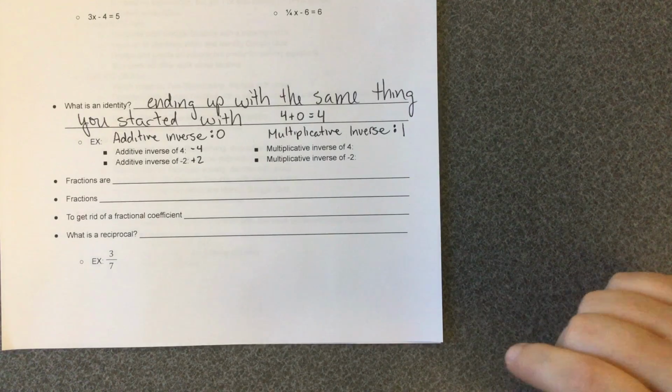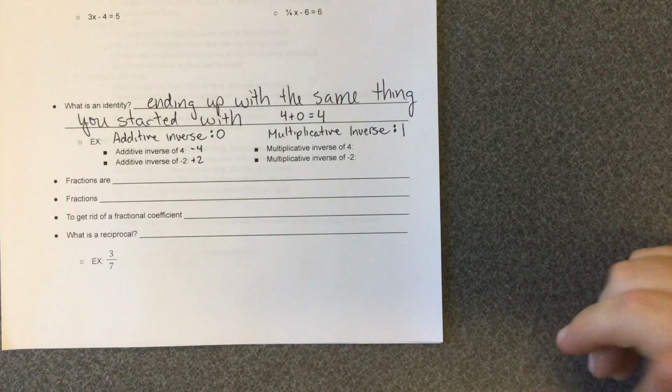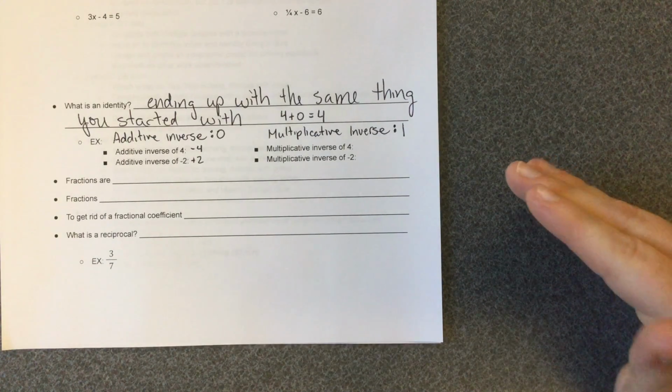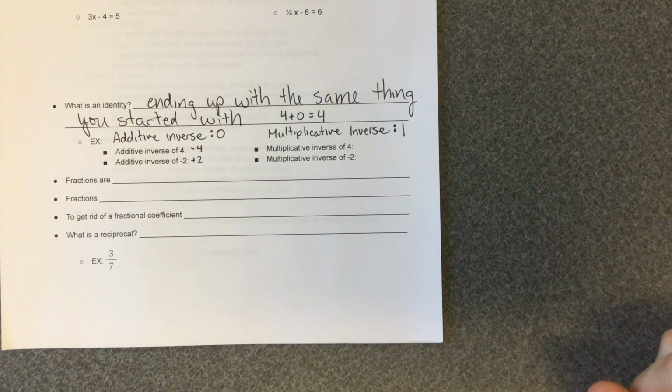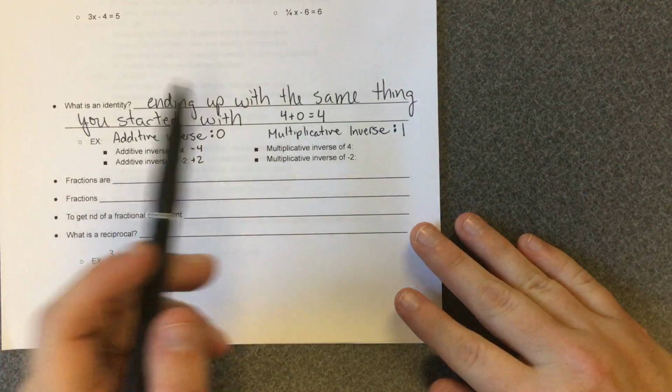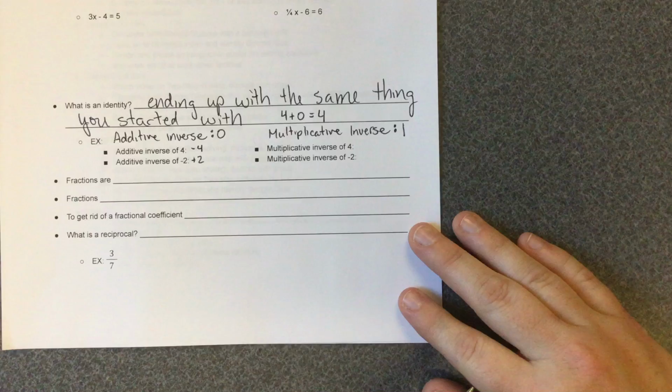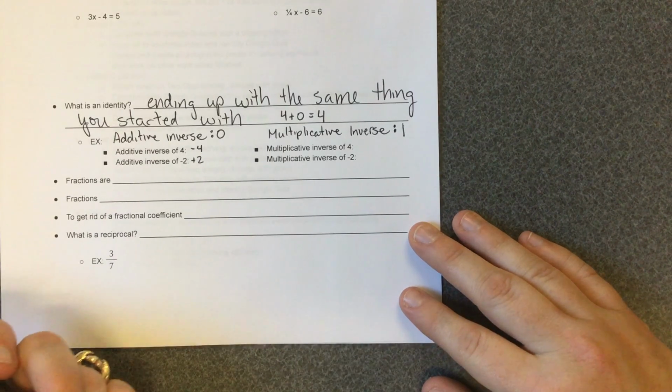So, if you have something multiplying your x or your variable, we would want to use the multiplicative inverse rule, saying that anything times 1 is itself. That's the identity.